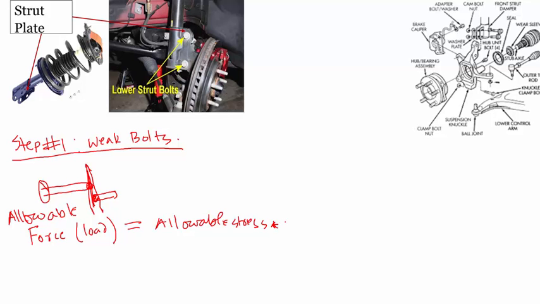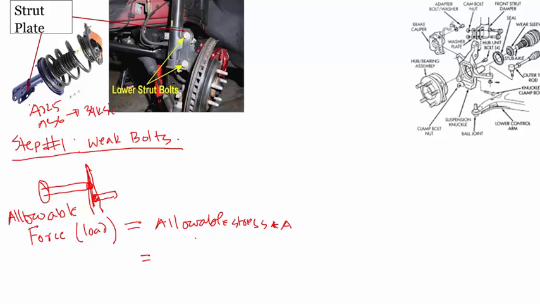The allowable stress for the bolt material can be found from any textbook. We are using an A325 bolt, or A36, any type of bolt. You can get this material property for A36 as 34 ksi.